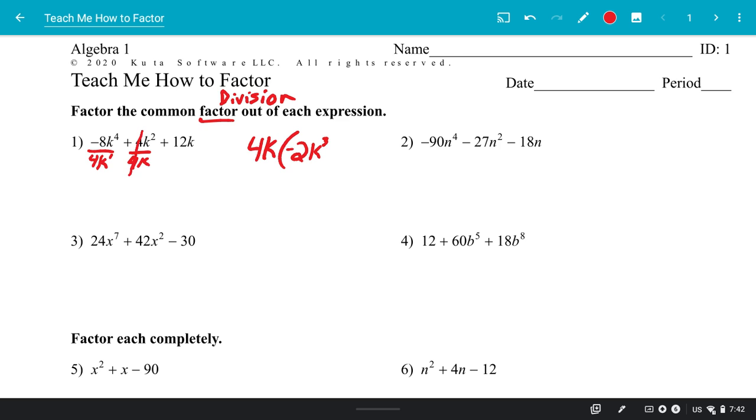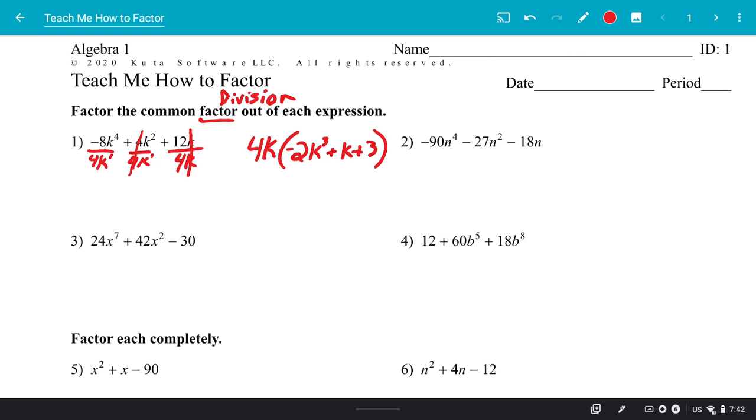Now the 4 over the 4 cancel, and k to the second minus k to the 1 is k to the first, so it ends up being plus k. And then finally, divided by 4k, the k's cancel, and 12 divided by 4 is 3. So factoring and pulling out the greatest common factor is really division.